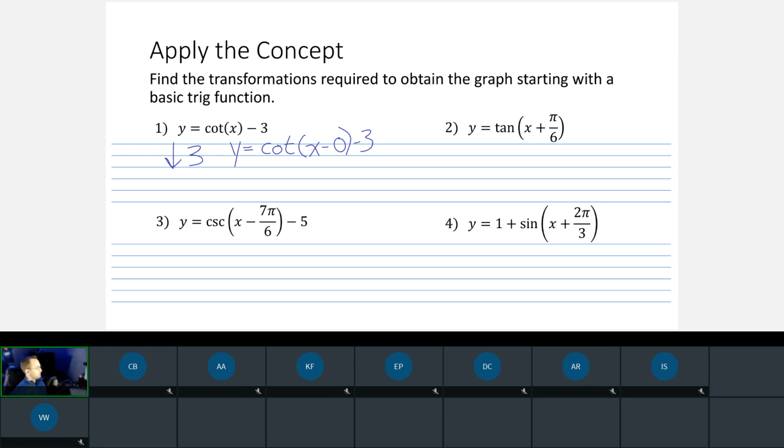All right, let's give you guys a minute and a half for the remaining 3 problems on this page. A minute and a half. We just want transformations, right? We're not rewriting them. What do you mean rewriting them?